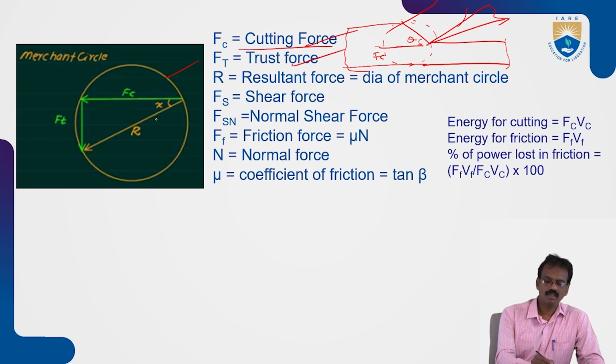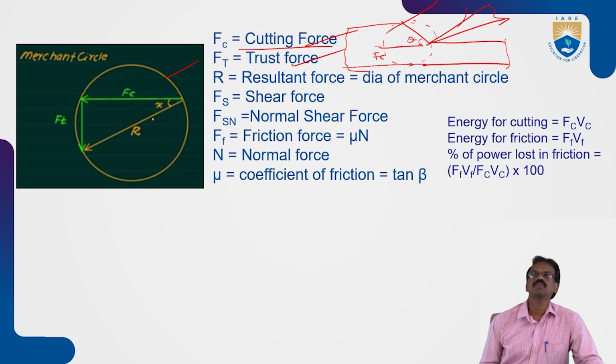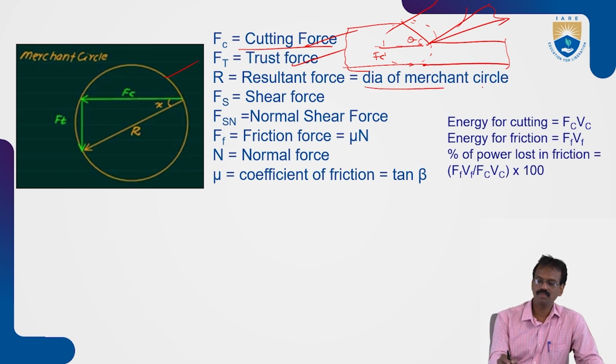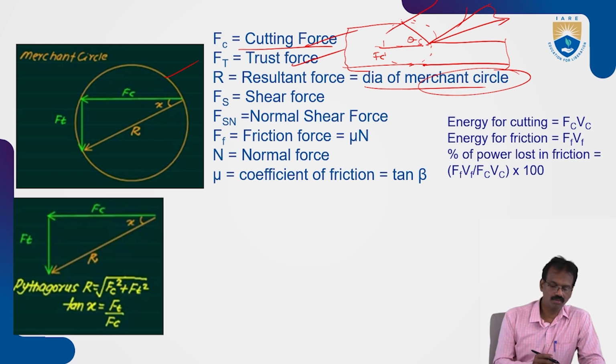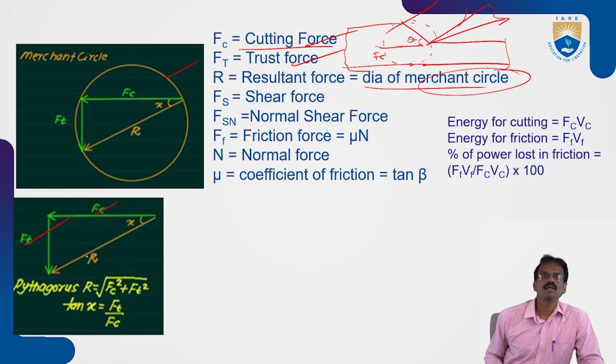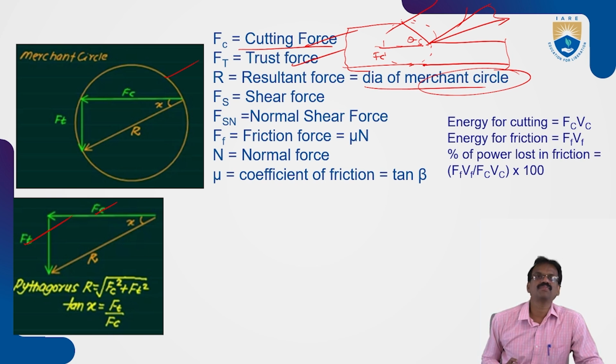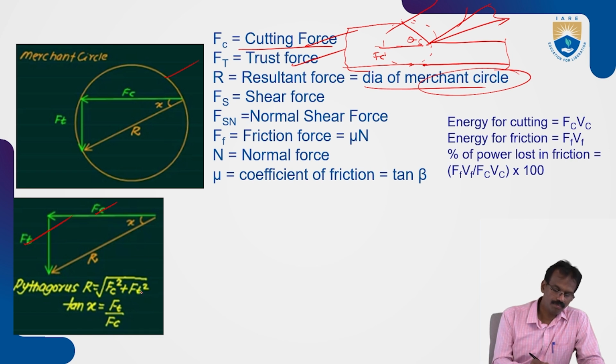Next, R is the resultant force, which is the diameter of the Merchant circle. Here you can see Fc and Ft. R is the resultant; according to Pythagoras theorem, R is equal to the square root of Fc square plus Ft square.